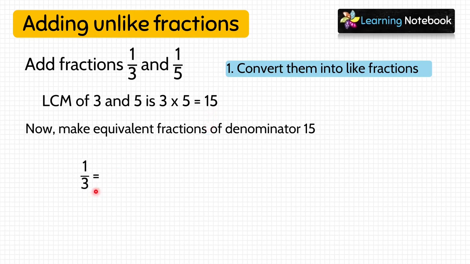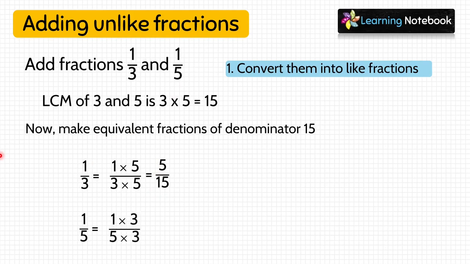So let's multiply both numerator and denominator by 5. So we get the fraction as 5 by 15. Second fraction is 1 by 5. Again, to make its denominator 15, we will multiply both numerator and denominator by 3. So we get the fraction as 3 by 15.